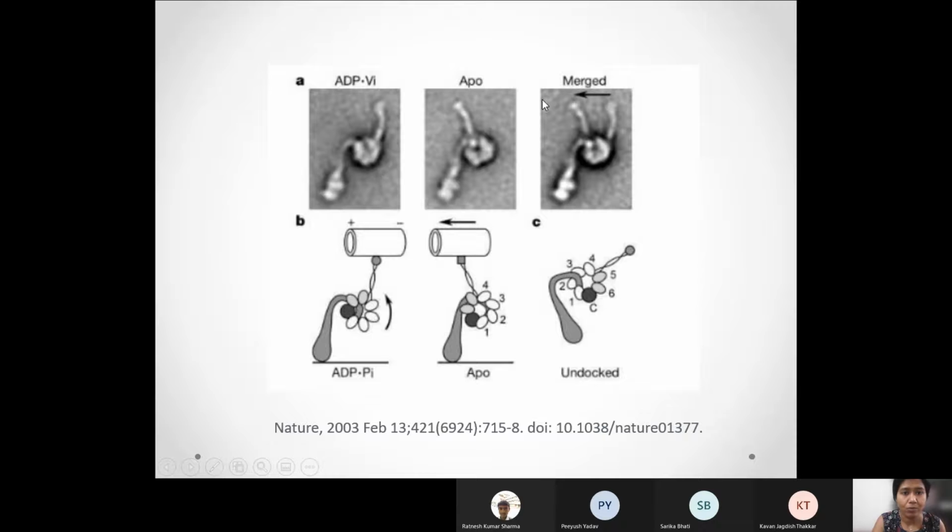The images that you see are of dynein under the cryo-electron microscope, with either ADP plus Pi, something that mimics the ATP plus Pi conformation, or APO, where nothing is bound to it.